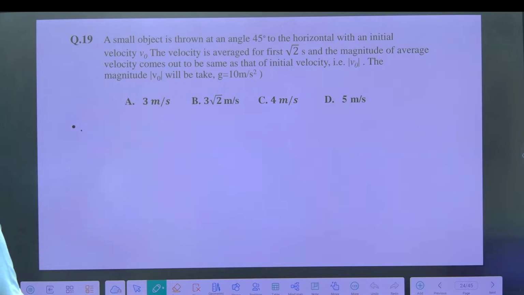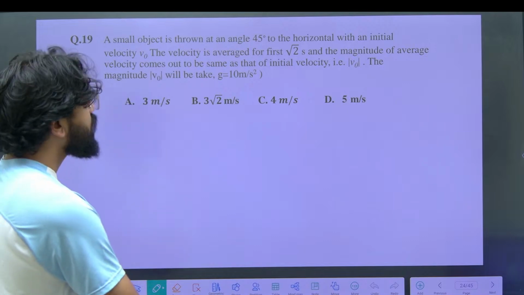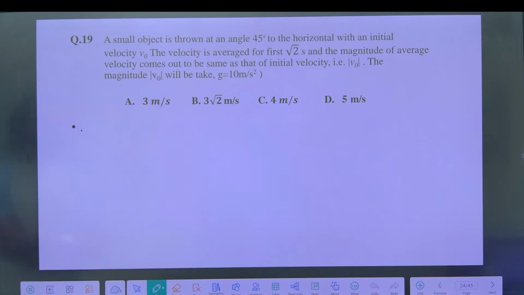Okay. Question number 19. A small object is thrown at an angle of 45 degrees to the horizontal with an initial velocity v0. The velocity is averaged for the first root 2 seconds.